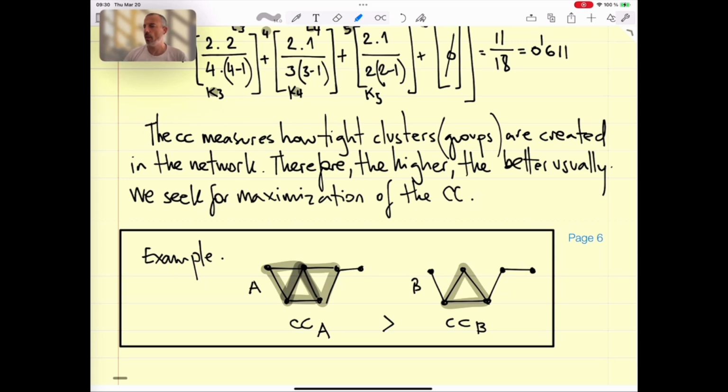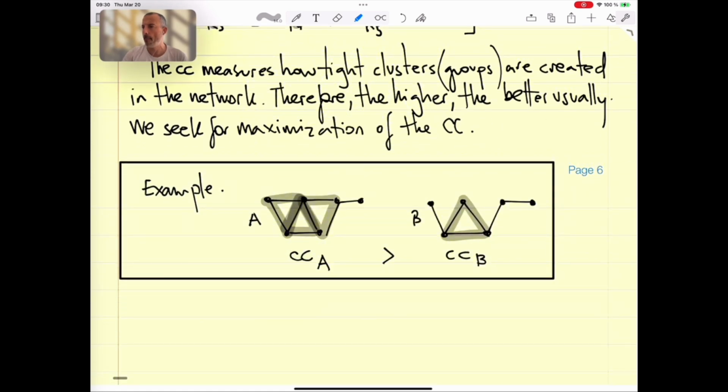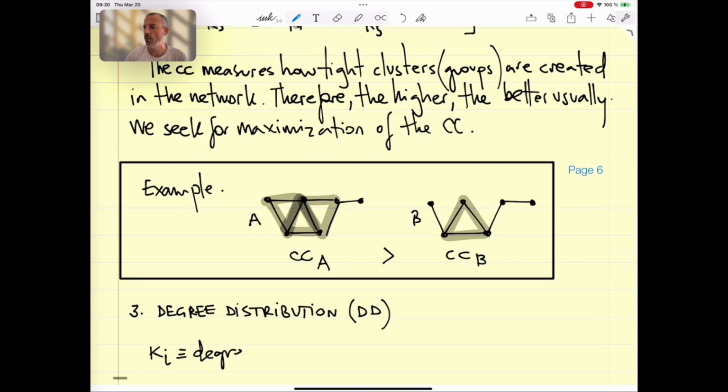with the third KPI, which is called the degree distribution. Degree distribution, remember K sub I is the degree of a node.